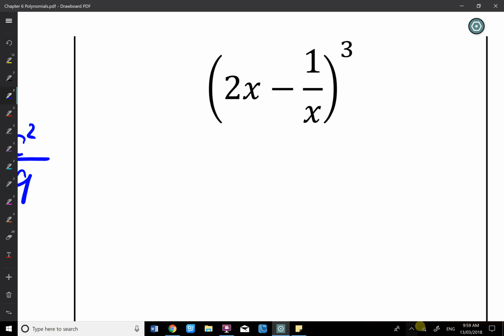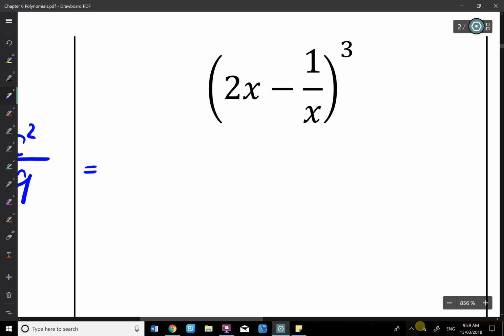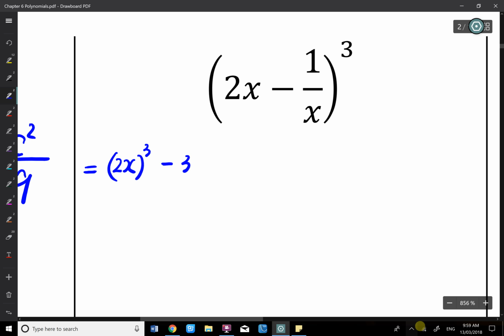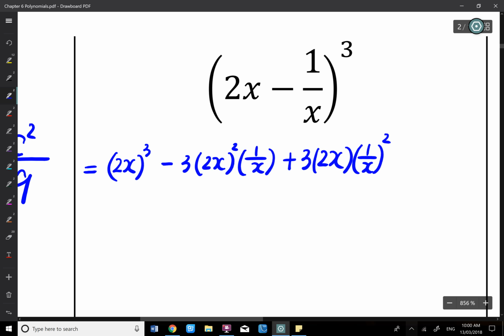For the cubic, what I will have is a cubed, minus, a minus b cubed. If you look at the formula, it's minus 3a squared b and plus 3ab squared and minus b cubed.